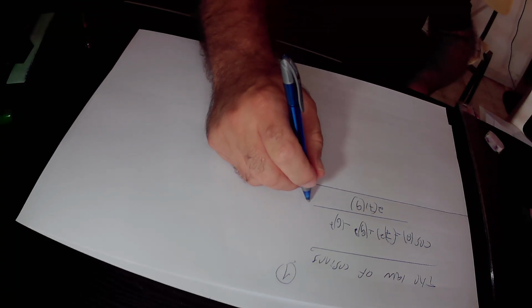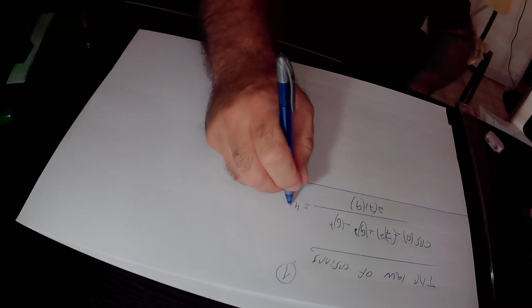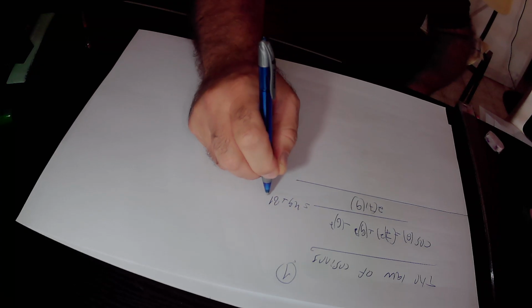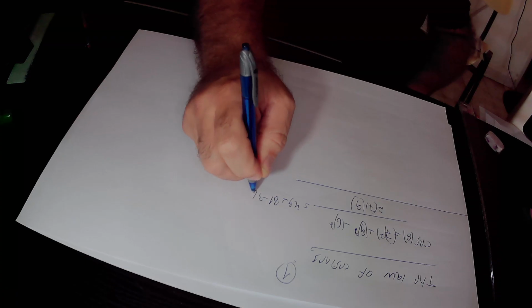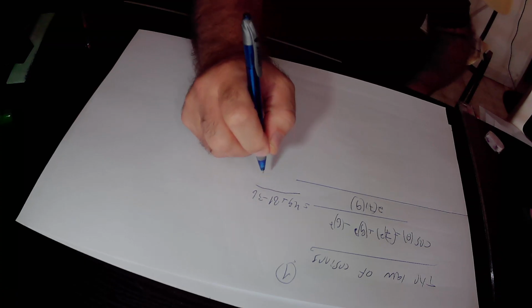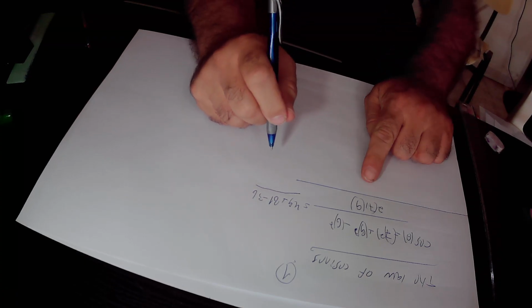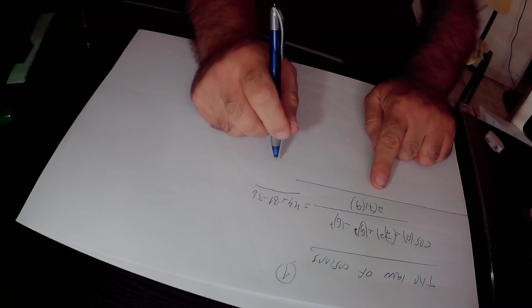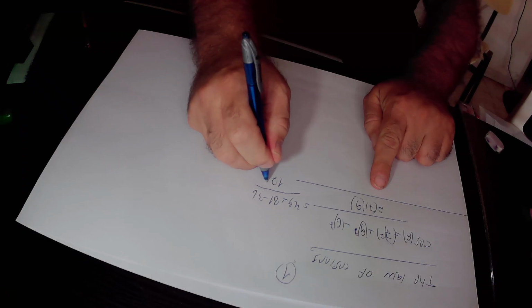So 7 squared is 49, plus 9 squared is 81, minus 6 squared is 36, divided by 9 times 7 is 63, 63 times 2 is 126.